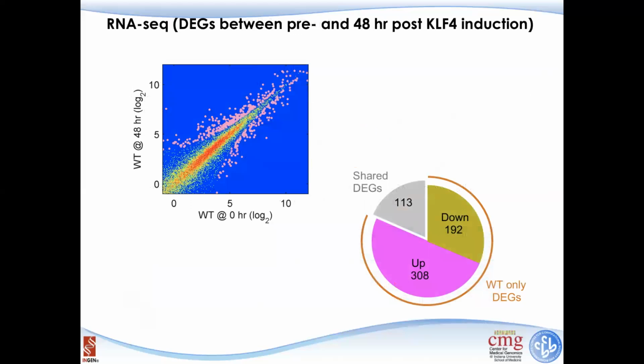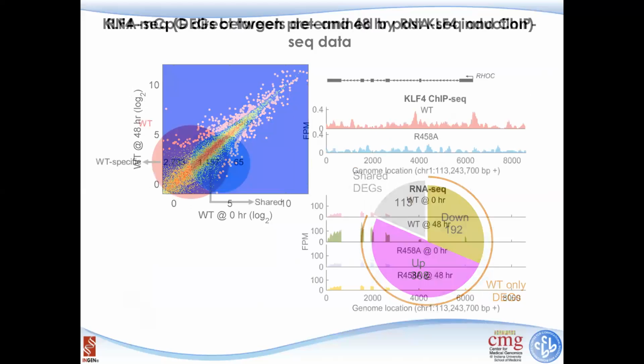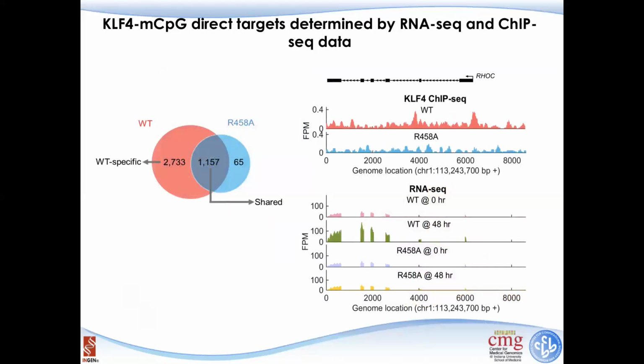We try to see which genes are upregulated or downregulated, and what the association is between those and the KLF4 ChIP-seq. Here is one example, ROC, and you can see there are two KLF4 ChIP-seq binding peaks here, only for wild type. If we block the methylated binding, no peak here. So which means those two peaks are associated with KLF4 methylated binding.